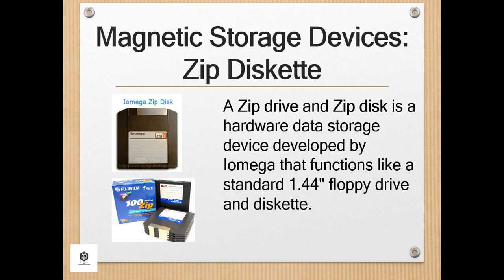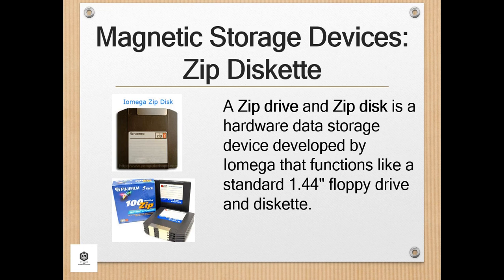Zip diskette. A Zip drive and Zip disk is a hardware data storage device developed by Iomega that functions like a standard 3.5 inch floppy drive and diskette. What makes the Iomega Zip drive unique is its capability to hold up to 100 MB of data, or 250 MB of data on the later models.